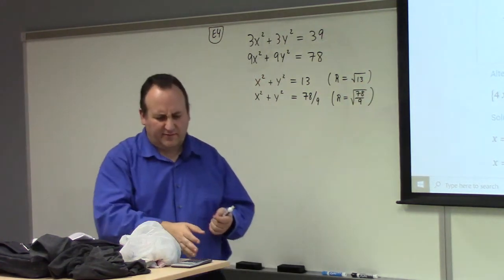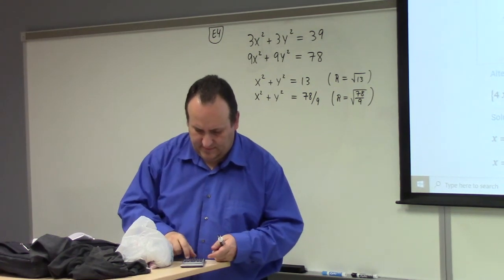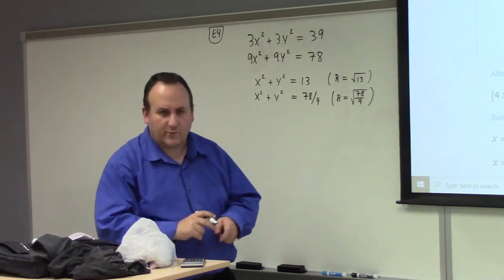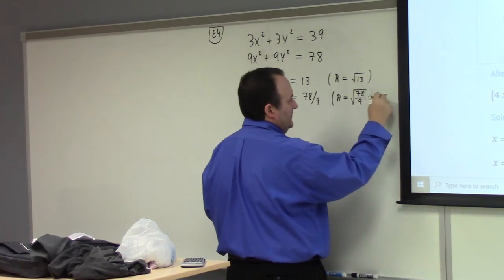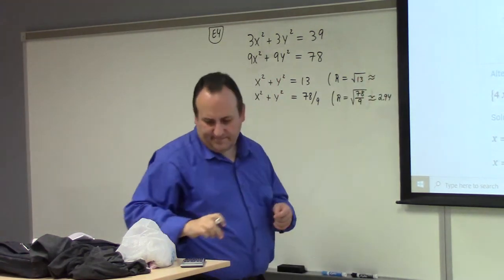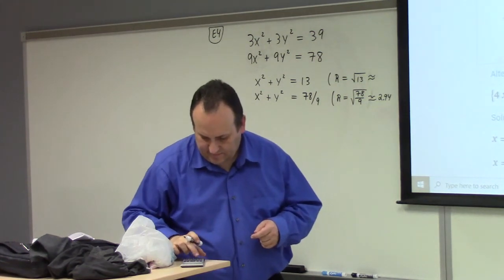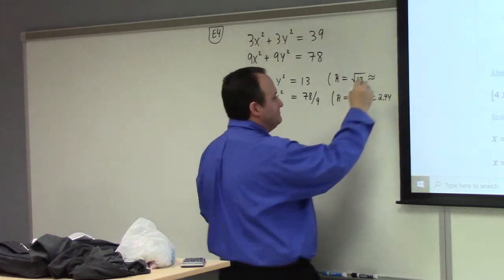And just for the sake of conversation, let me figure out what that is. 78 divided by 9, take the square root of that thing, we get 2.94, so this is approximately 2.94. Square root of 13 is approximately 3.61.